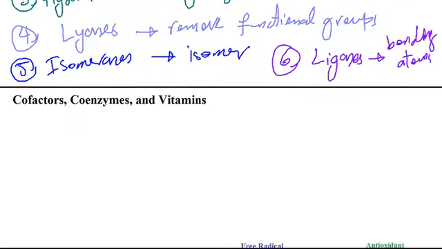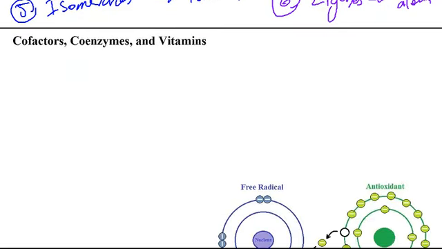Next, I would like to discuss cofactors, coenzymes, and vitamins. We discussed how most enzymes are made of proteins. Some of these enzymes could be made of purely amino acids and proteins, but some could have other helper molecules, and these helper molecules are called cofactors. Usually cofactors are inorganic ions, like for instance copper or zinc, that will help the enzyme with its function.